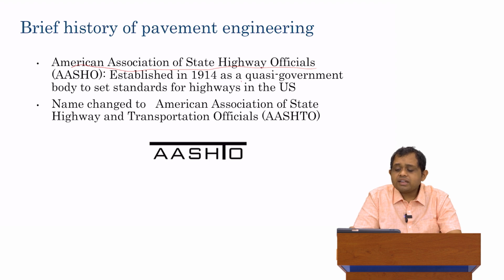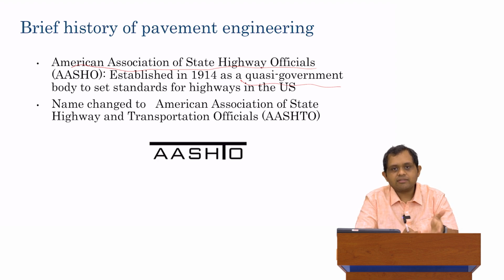Why do I say quasi-government body? It's not actually a formal government body. And this, by the way, is also how the road design standards in India work. You have an association of officials, government officials who are responsible for the design, maintenance, construction of highways. Those officials have come together into a sort of non-official body, a non-government body.